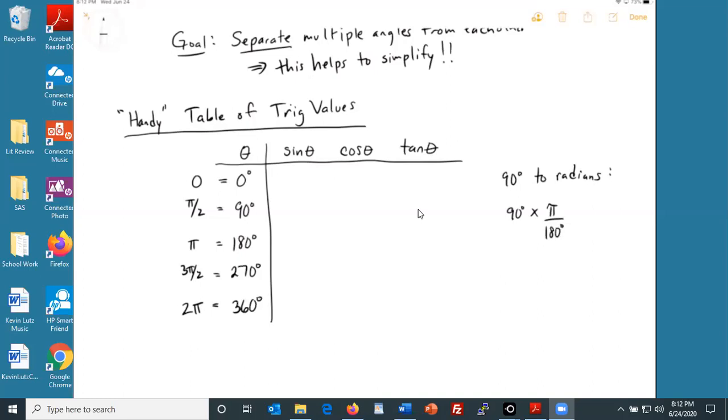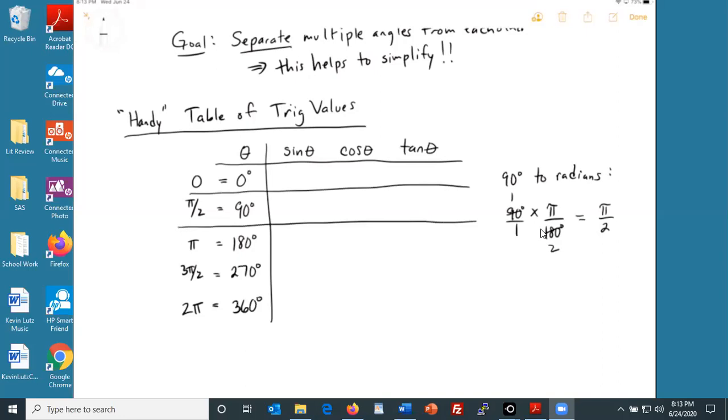Just like you do in science classes, you multiply by a conversion factor. Now degrees over degrees cancel, right? Then this is pi radians, and 90 over 180 you can reduce. So 90 becomes 1, 180 becomes 2, and that's pi over 2. That's how we get pi over 2 radians for 90 degrees.